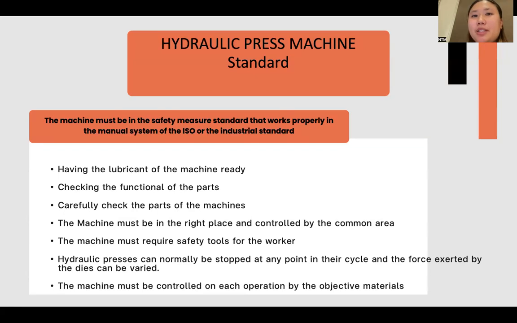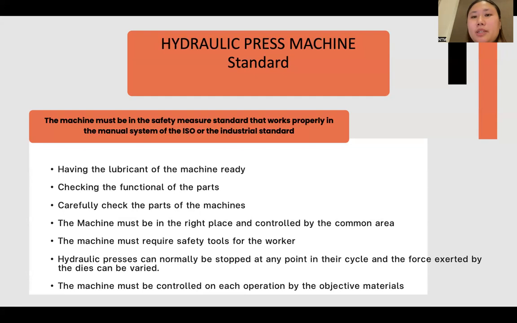Next, hydraulic press machine standard. The machine must meet safety measure standards so that it works properly in the manual system of the ISO or industrial standard. Have the lubricant of the machine ready, check the function of the parts, and carefully check the parts of the machine.